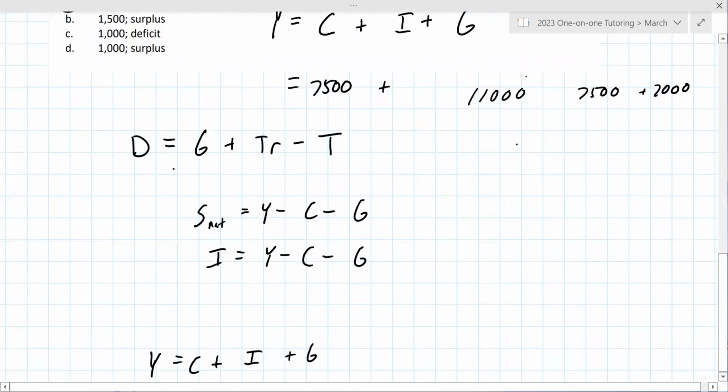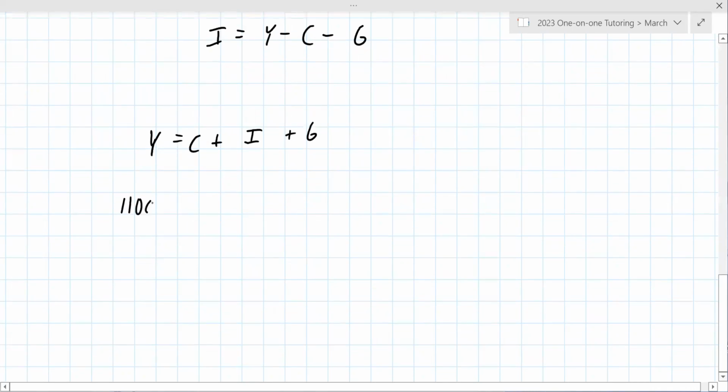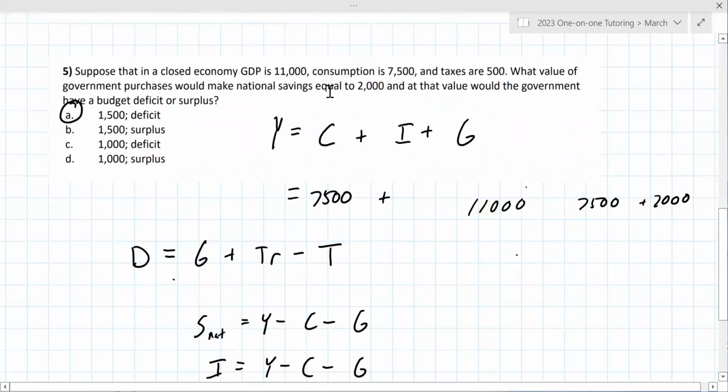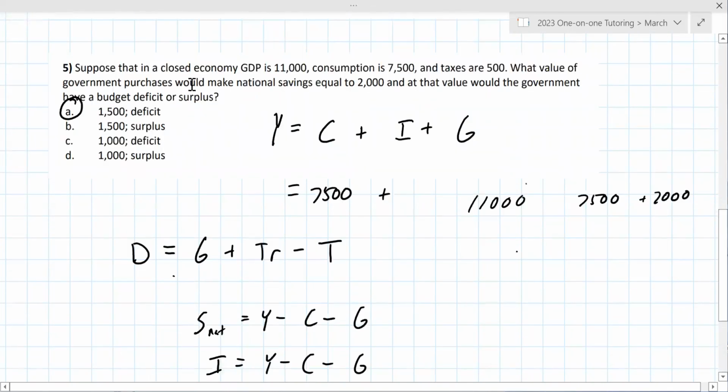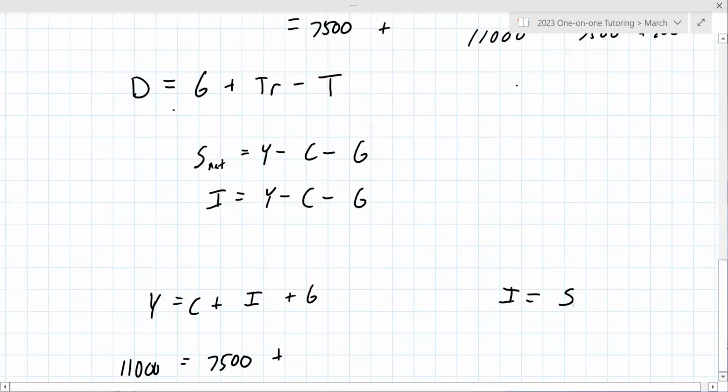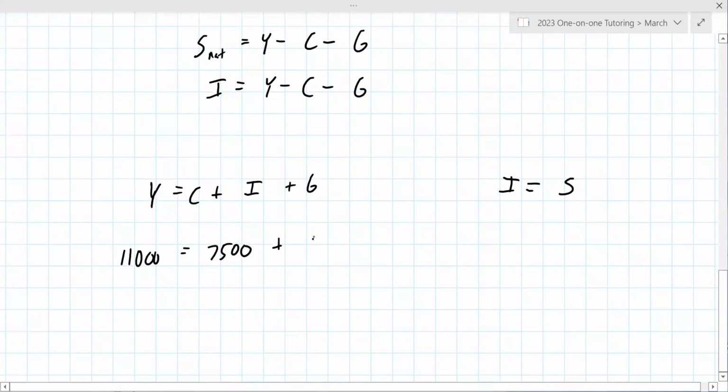Y is 11,000, consumption is 7,500, and investment in this problem equals savings, which I think is a rule I remember from class. So plus G, you solve for G. G is 1,500.